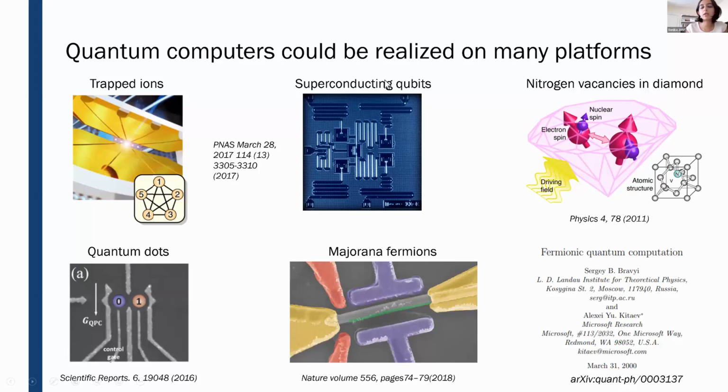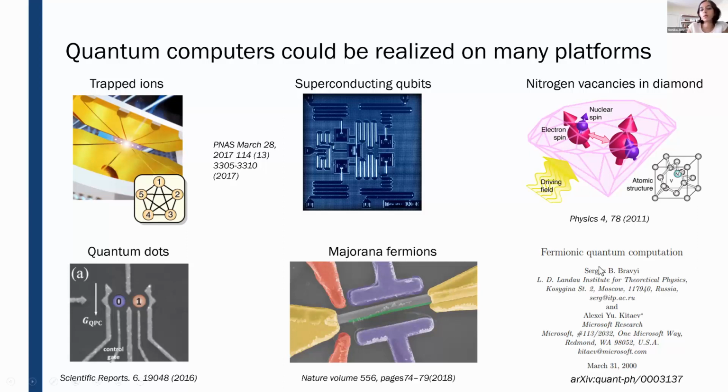There are many companies like Google and IBM and Rigetti, for instance, that work on superconducting qubits. There are some technologies that are at an experimental stage, such as nitrogen vacancies in diamond or quantum dots. There are some technologies, such as Majorana fermions, that are being pursued by Microsoft, for instance. That holds a lot of promise, but they haven't been able to demonstrate a qubit yet.